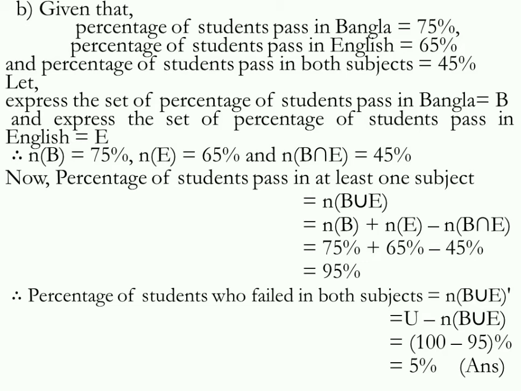Now let us move to the third portion, third answer, C, and for that we have to know how many pass only in Bangla, how many pass only in English. We have already seen that number in the Venn diagram, but we have to show that in our math. Now let us see how to do that.